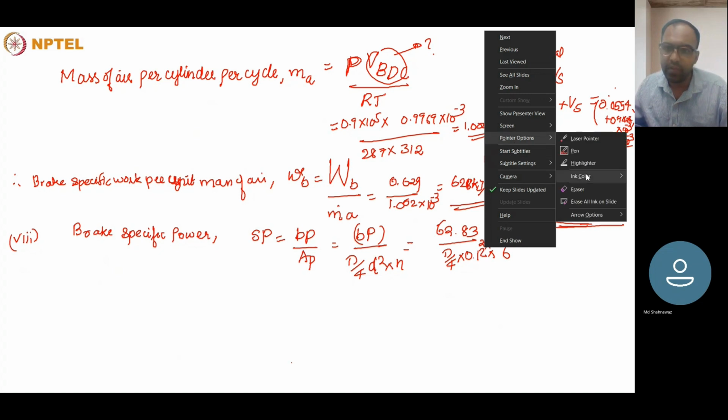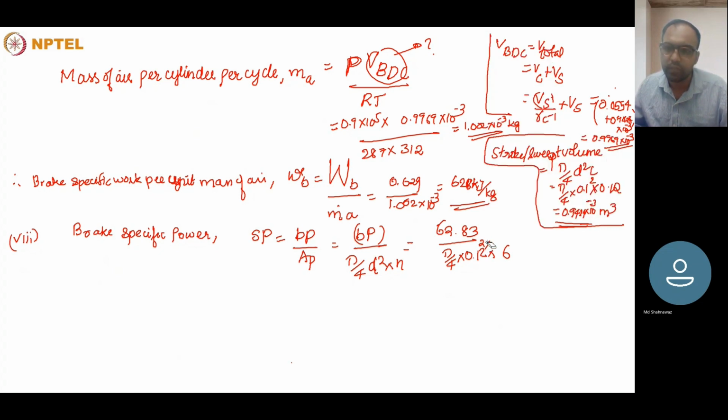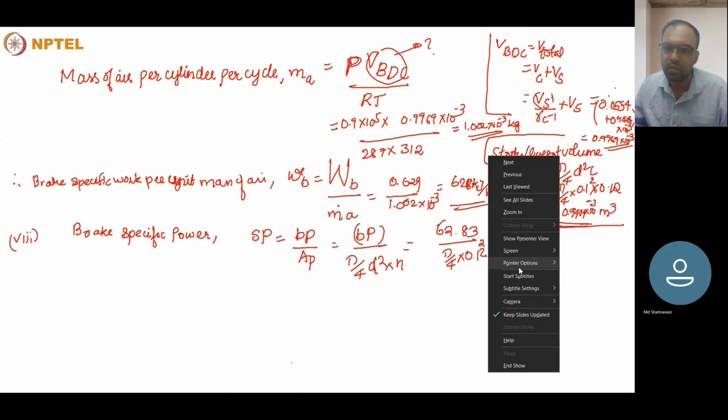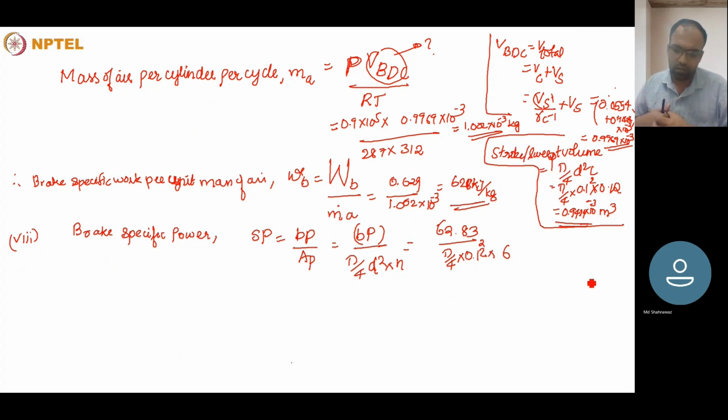So the quantity will be coming around 1333 kilowatt per meter squared.